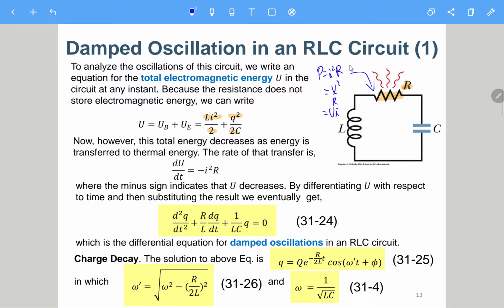So the power dissipation for this resistor is I squared R, which means that P is dW dt. And you know the work done is the minus of the potential energy change. So we have dU dt to be minus I squared R. So we have this equation here.